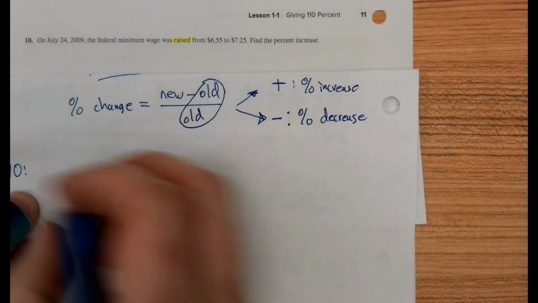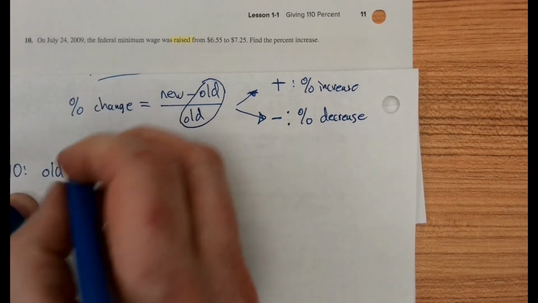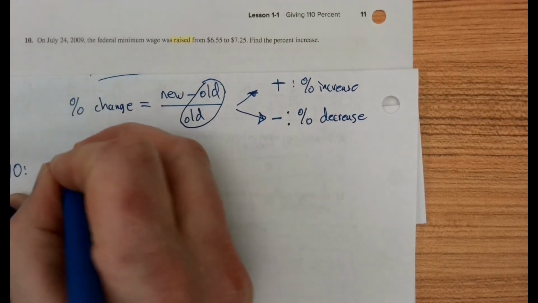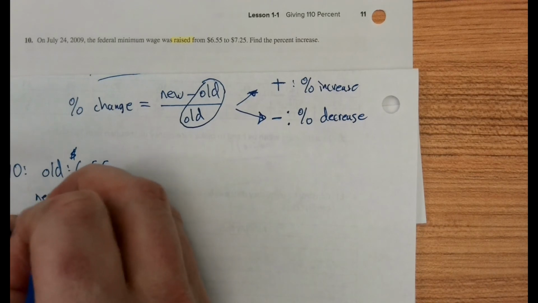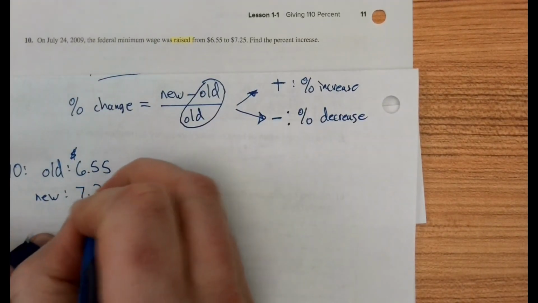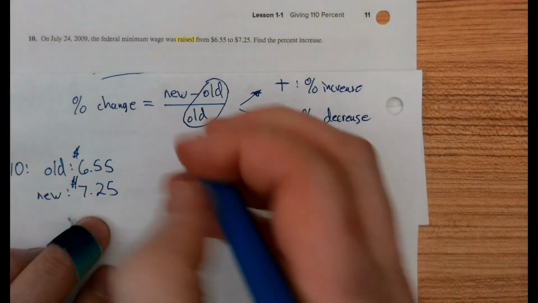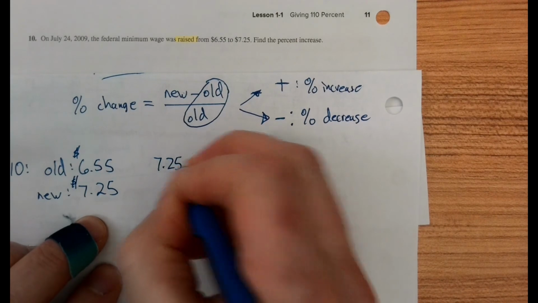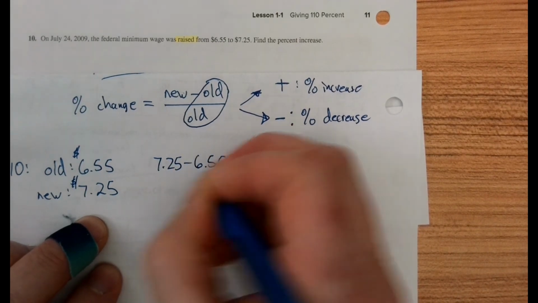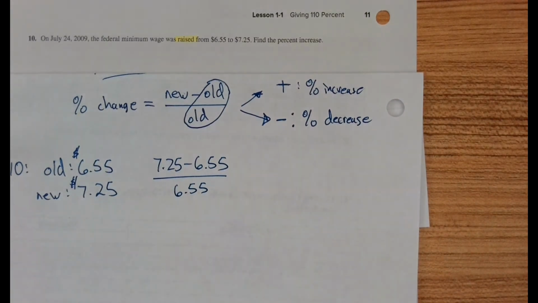The old value before July 24th, 2009 was $6.55. The new value after this law went into effect, notice it's only federal minimum wage, is $7.25. So just using our formula, we're going to note that we do $7.25 minus $6.55 divided by $6.55. This will give us our percent increase.